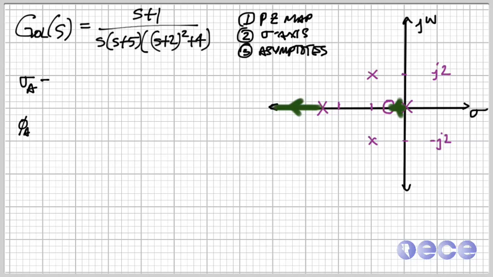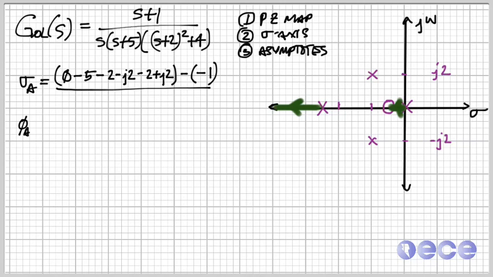So sigma A, as you'll remember, is the sum of the poles minus the sum of the zeros. So we have a pole at 0, we have a pole at -5, so we add -5, and then we add -2 minus j2, and then we add -2 plus j2, and then we subtract our 0, so we're going to subtract -1, and divide it by the number of poles minus zeros.